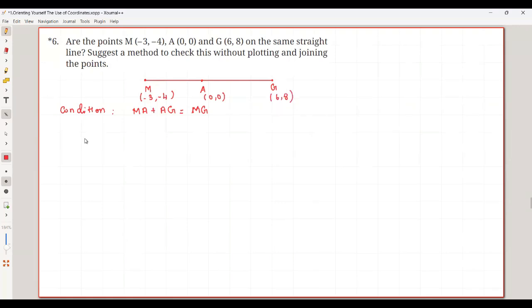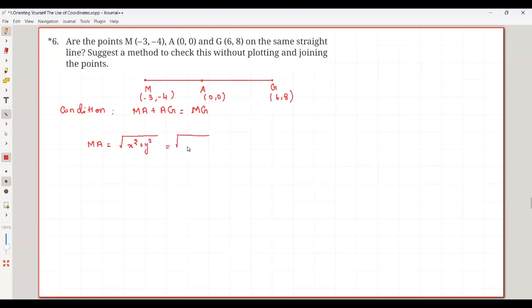For the distance of MA, you can use the distance formula, the square root of x2 minus x1 the whole square plus y2 minus y1 the whole square. But here one of the points is the origin, so directly I'm going with the origin formula, x square plus y square.